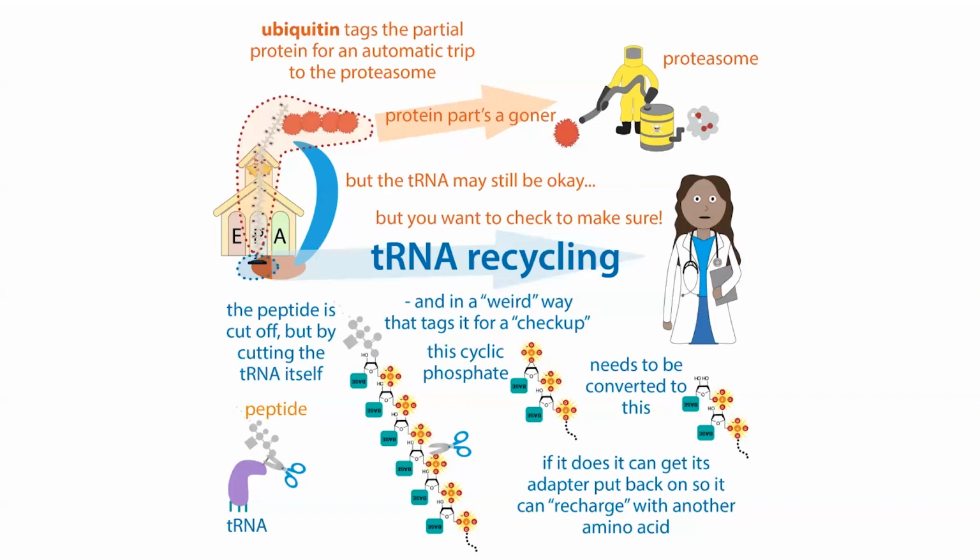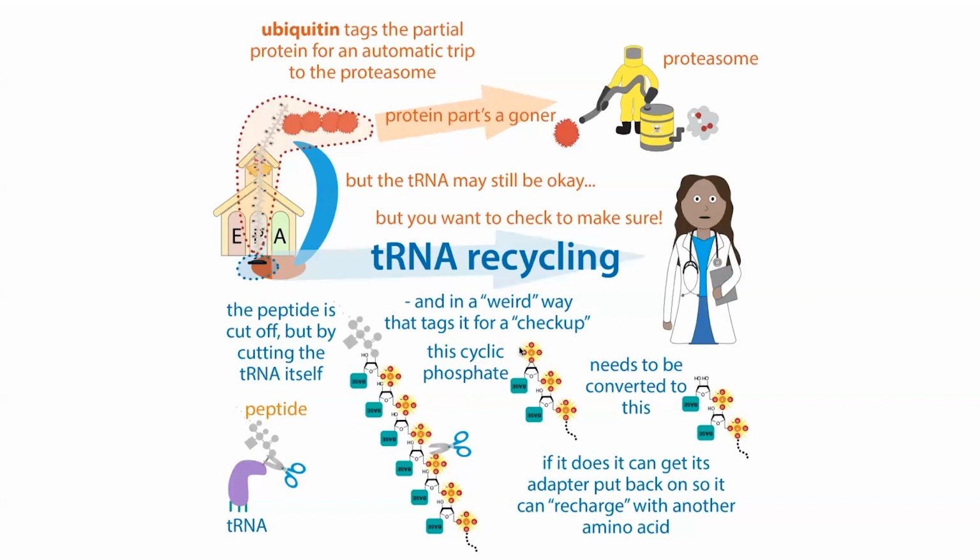When the release factors cut a peptide off from a tRNA, normally it's going to be done by cutting the peptide tRNA linkage. But what happens here is you're actually going to cut the tRNA itself. You're going to cut the part of the tRNA that links up to the peptide, in the tRNA stem. And you're going to cut it in a way that leaves a weird mark, like this cyclic phosphate.